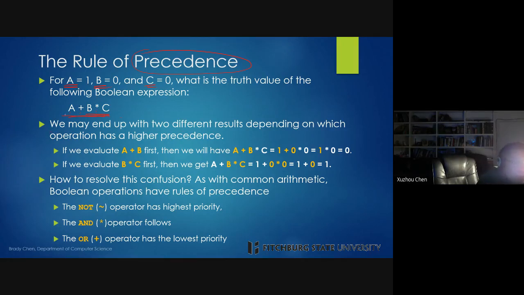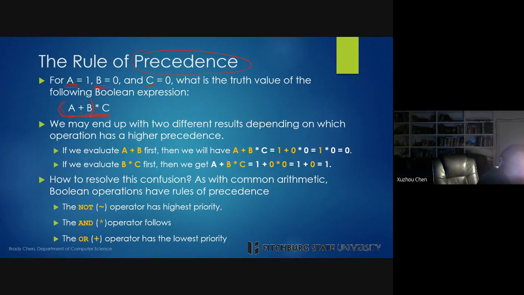Now, if we want to say, no, I don't want to do this, I want to do A plus B first and then do the multiplication, because the precedence says multiplication first, addition next, if you want to force the addition before the multiplication, you need to use parentheses, right?